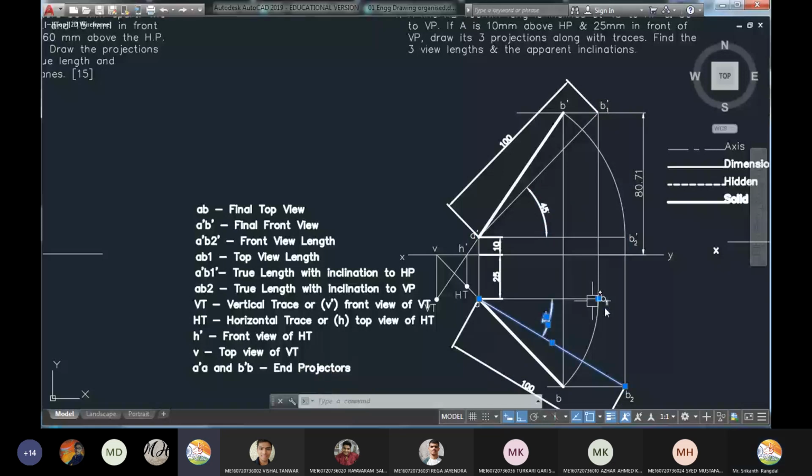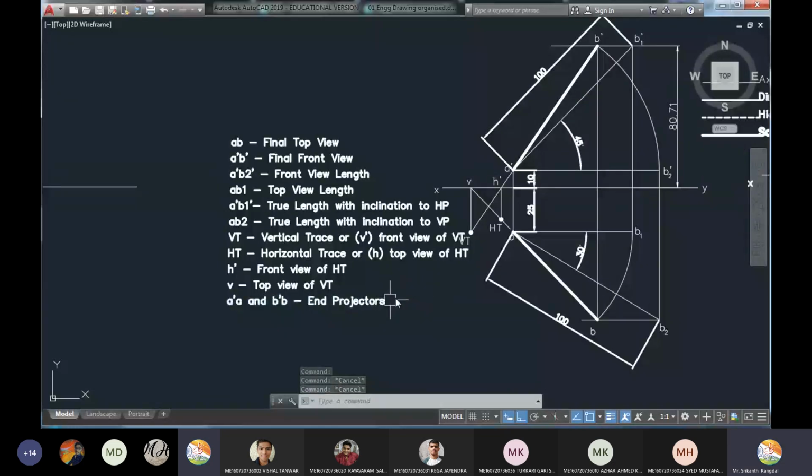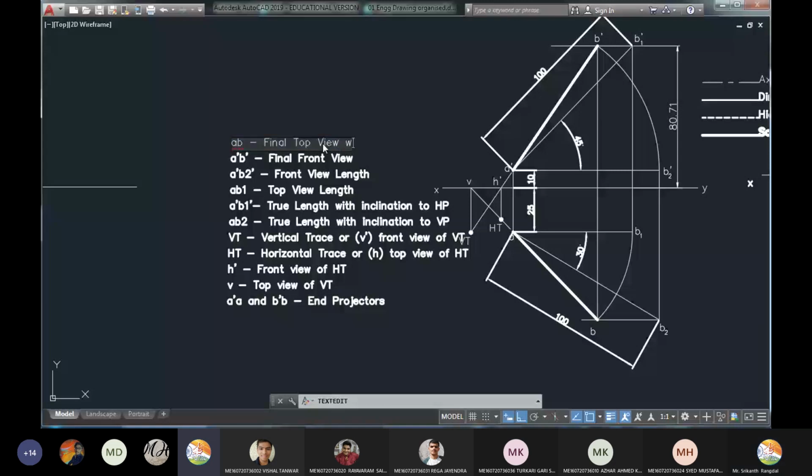Fine. Just understand that this is the true inclination. I have mentioned it here: inclination to HP, and this is inclination to VP. And the final top view will have an apparent inclination. What is apparent?